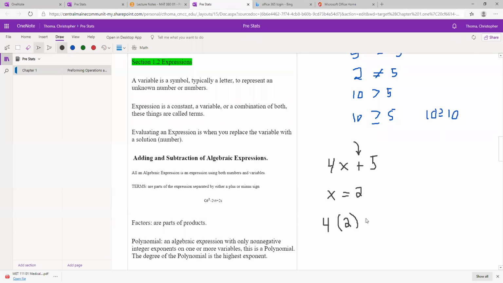So 4 parentheses 2 plus 5. All right, so 4 times 2 is 8. 8 plus 5 equals 13. So if I am told what the variable represents, I can evaluate the expression.